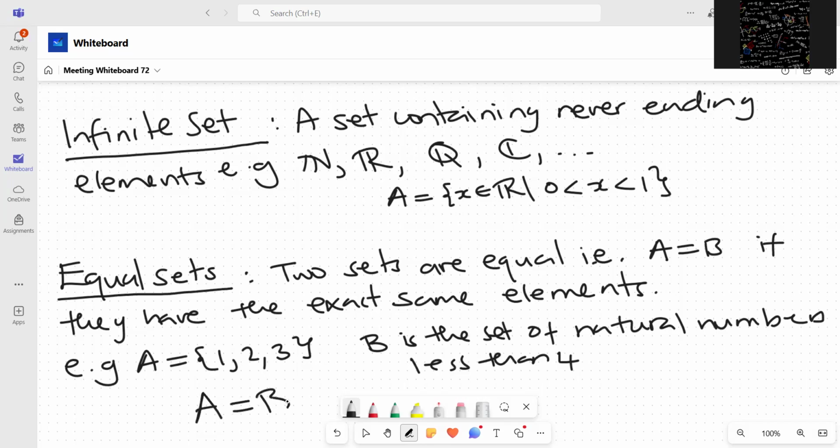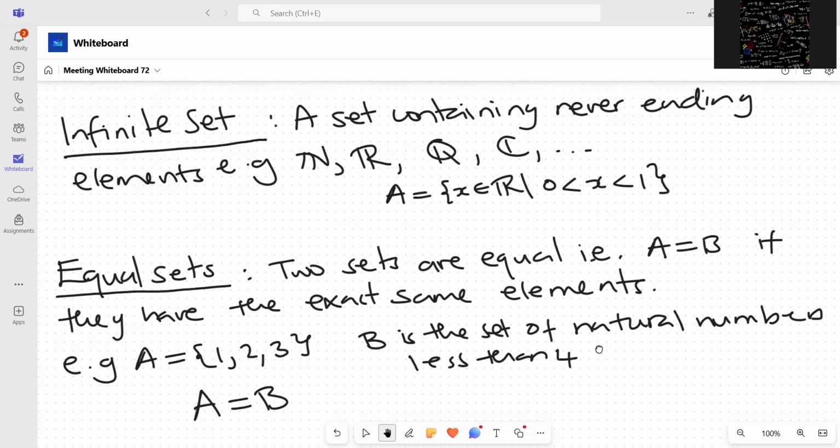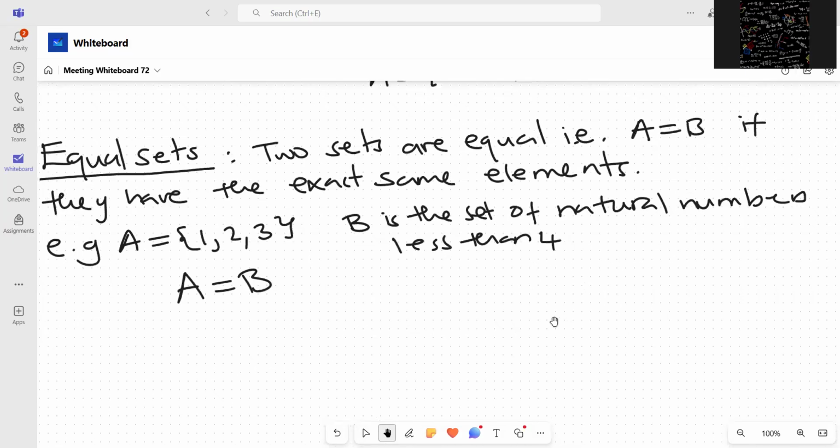A is equal to B. Because if I were to list or write down B in roster form, the natural numbers less than 4 are just 1, 2, 3. So 1 is here, it's there. 2 is here, it's there. 3 is there, it's there. And if I look and write down all the elements here, I would find them here.